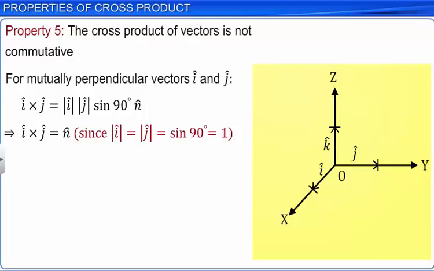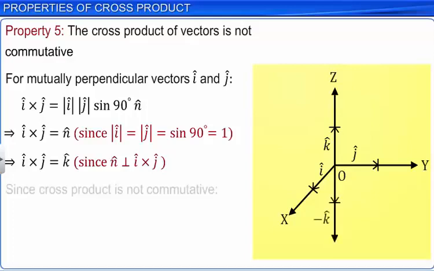Since unit vector k is also perpendicular to vectors i and j, we can say that the cross product of unit vectors i and j is equal to unit vector k. From the property that states that cross product is not commutative, we get the cross product of vector j and vector i is equal to the negative of vector k. Similarly, we arrive at the results shown here.